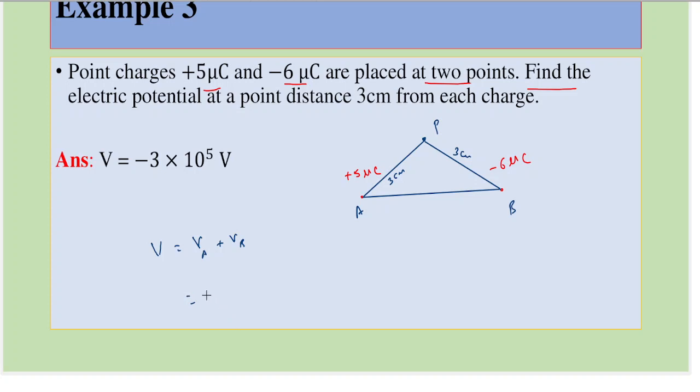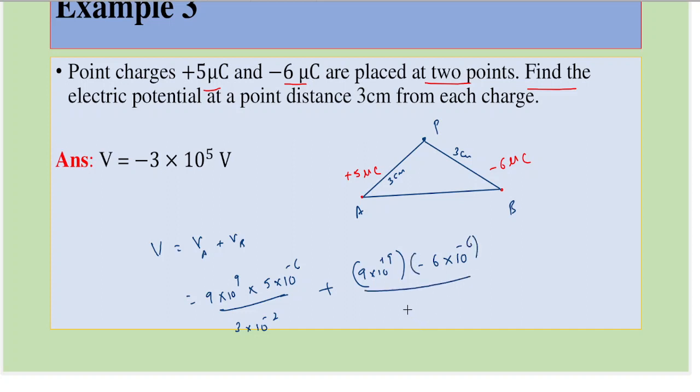So it is equal to, we do directly here, 9 into 10 power 9 into 5 into 10 power minus 6 by 3 into 10 power minus 2, plus 9 into 10 power 9 into minus 6 into 10 power minus 6 by the distance, 3 into 10 power minus 2. Keep in mind that when it comes to electric potential, we put it with polarity also.